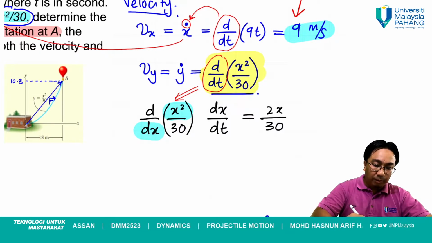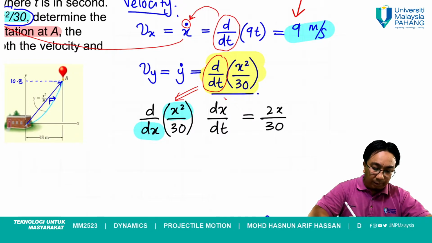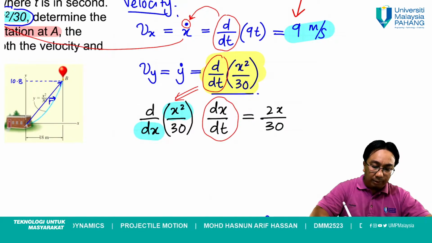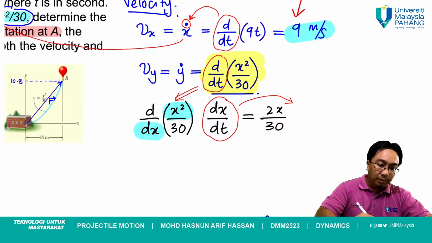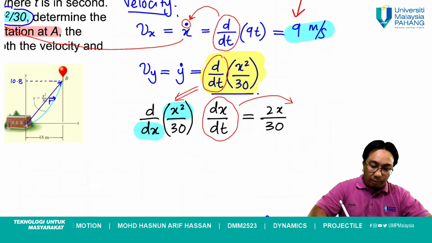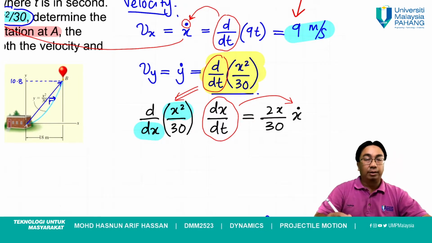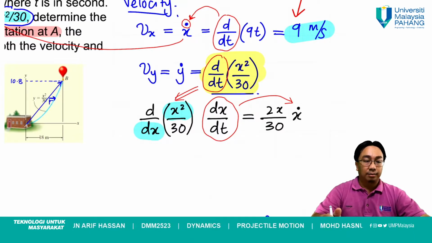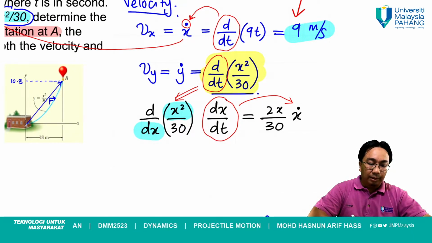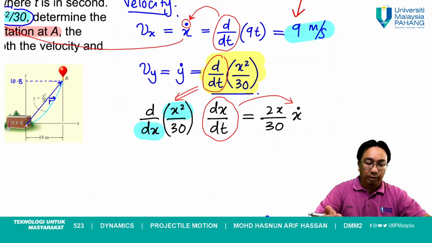And what about dx dt ni? dx over dt is x dot lah. Sama juga macam di atas tadi, x dot is d over dt of x.